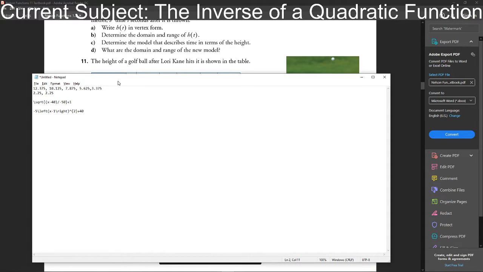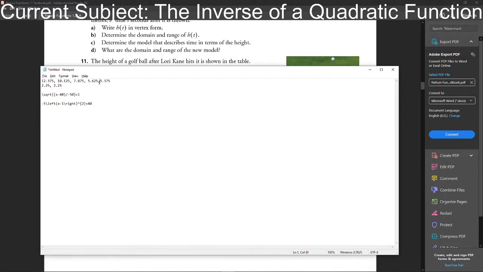So what? Yeah, so that and that is 2.25, that and that is 2.25, that and that, again, it's gonna be 2.25. Okay. 1, 2, 3, 4.